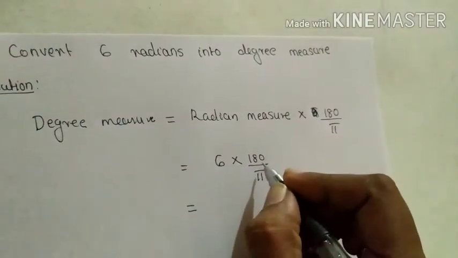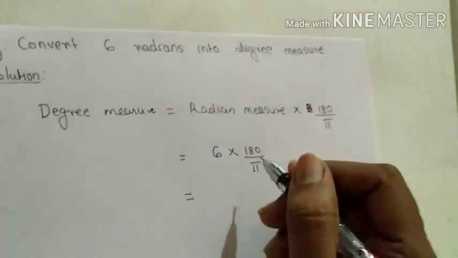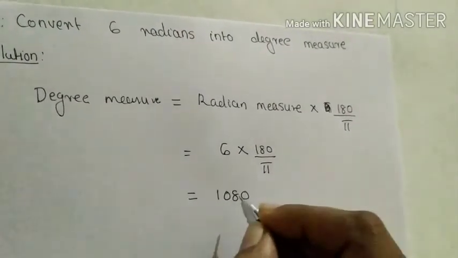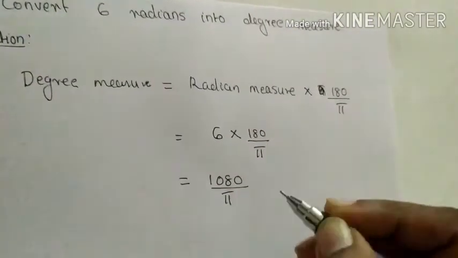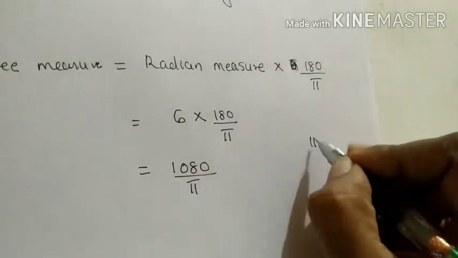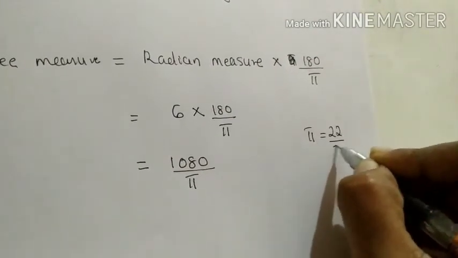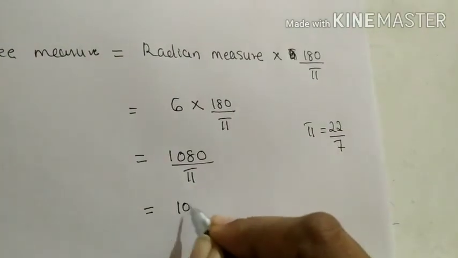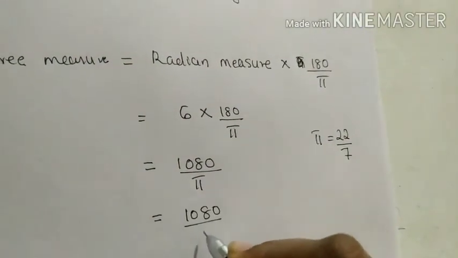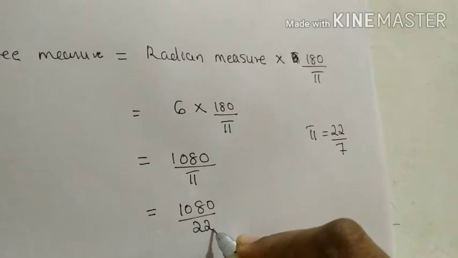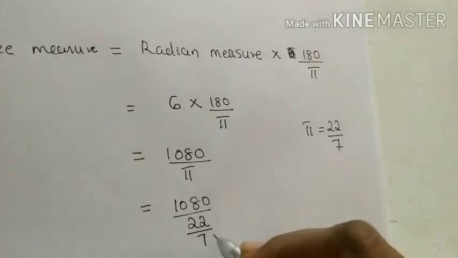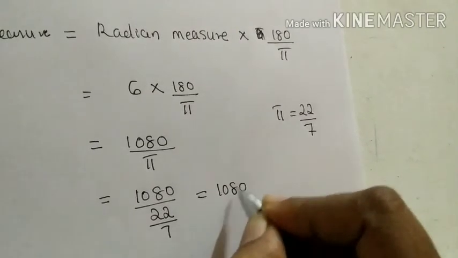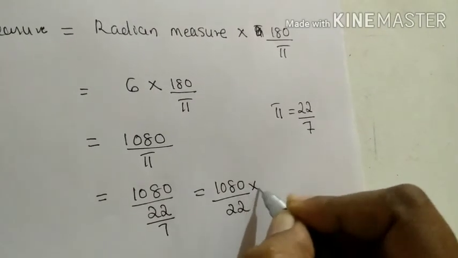Which is equivalent to 6 into 180, is equal to 1080 divided by pi, and we know that the value of pi is 22 by 7. Replacing this pi by 22 by 7, we get 1080 divided by 22 by 7, and this 7 goes to the numerator, and we get 1080 into 7 divided by 22.